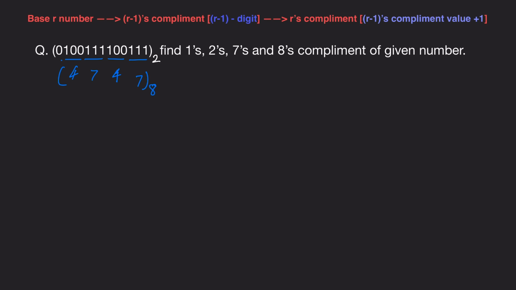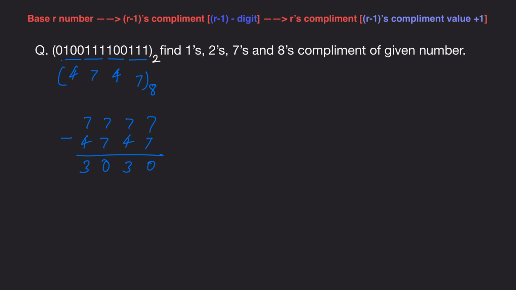For finding seventh complement, or r minus 1 complement, we have to subtract every digit of this number from the r minus 1 value. So 7 7 7 7 minus 4 7 4 7 gives 3 0 3 0.